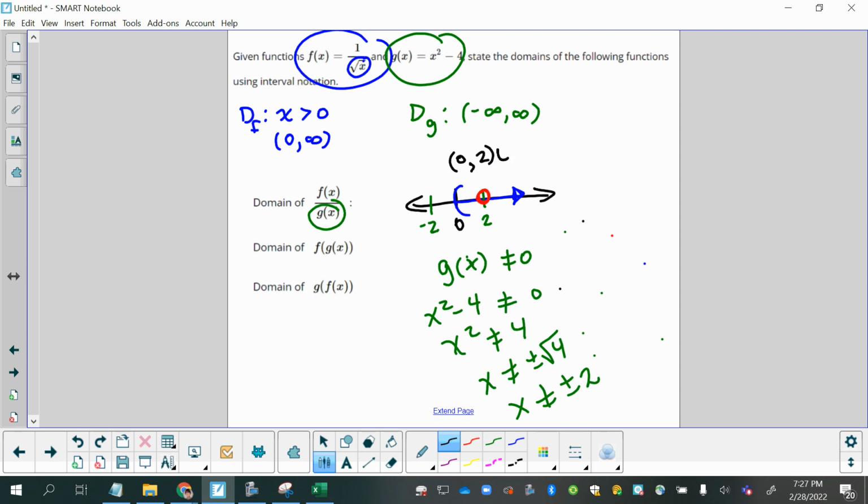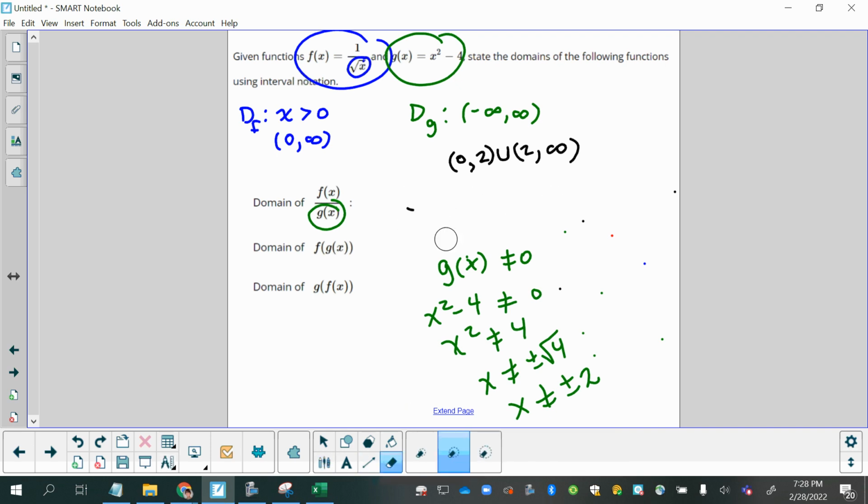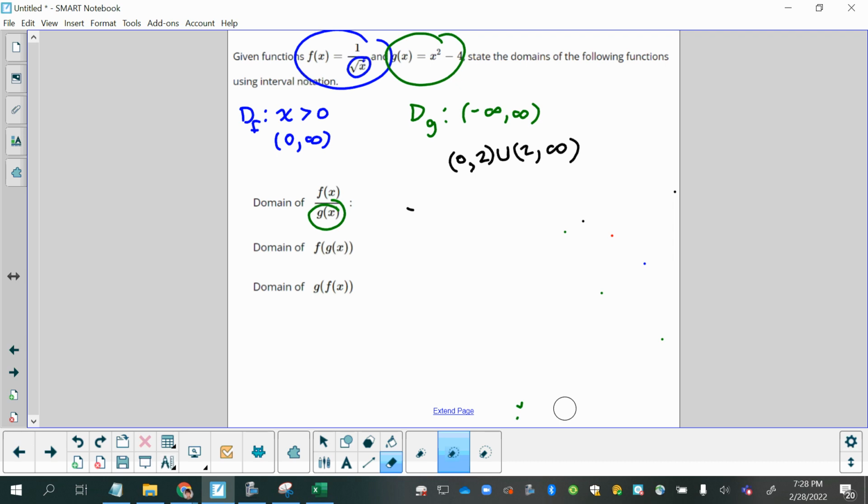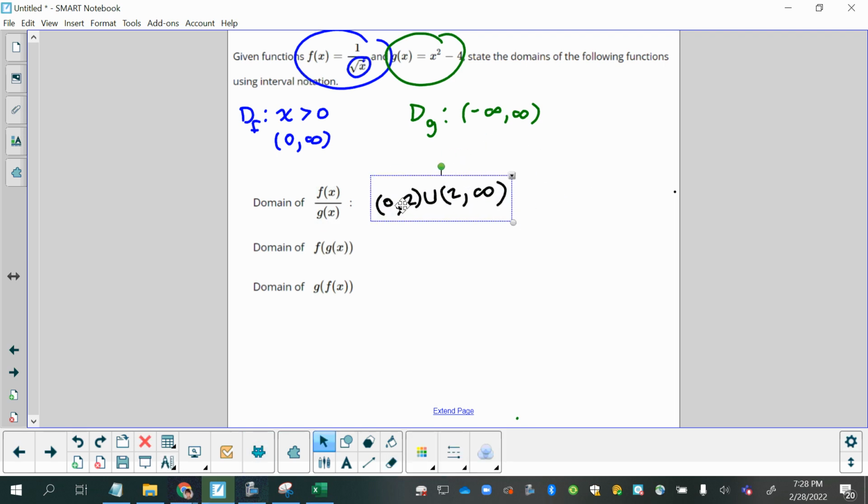Then we'll hop over +2, start again on the other side of it, and go towards positive infinity. So that's the answer to the first of these three functions down here. The domain of the quotient function f over g of x is from 0 to 2, union with 2 to positive infinity.